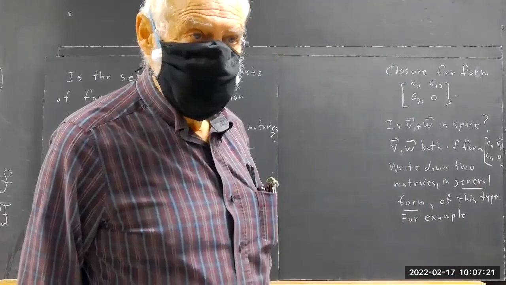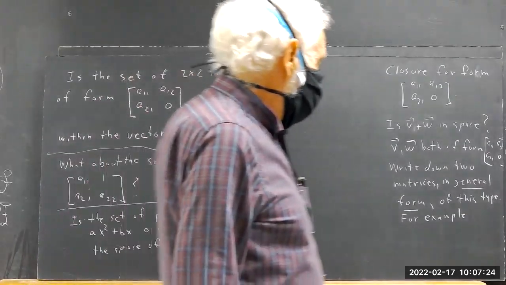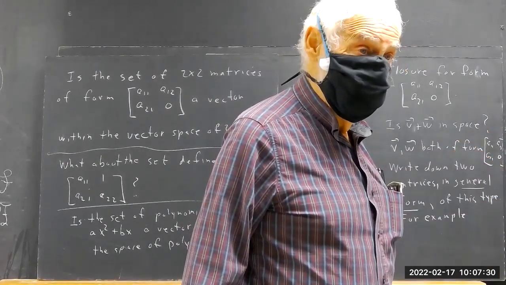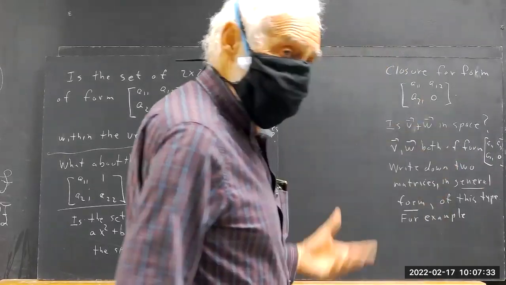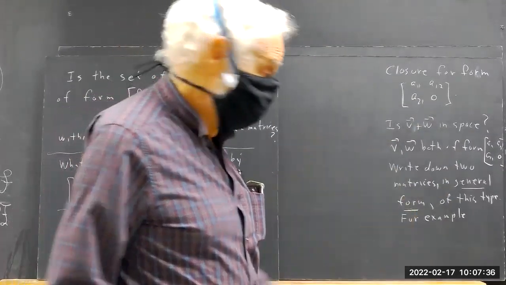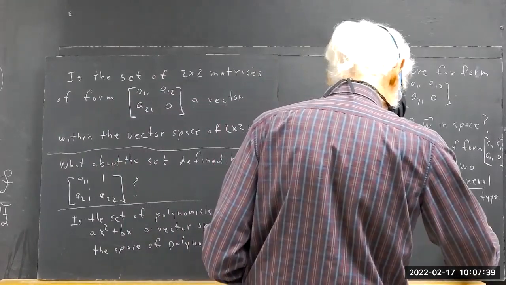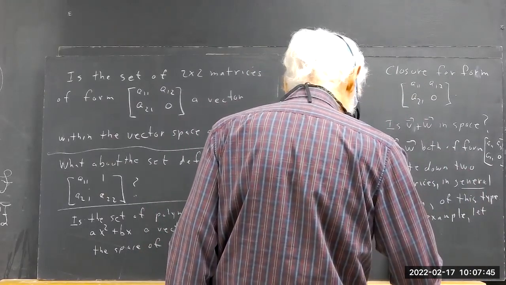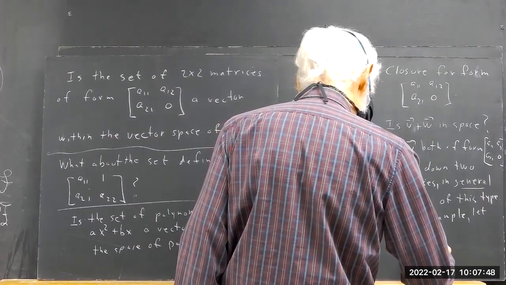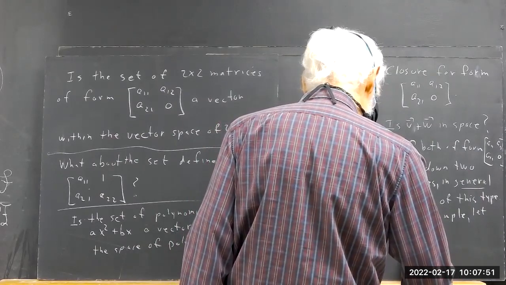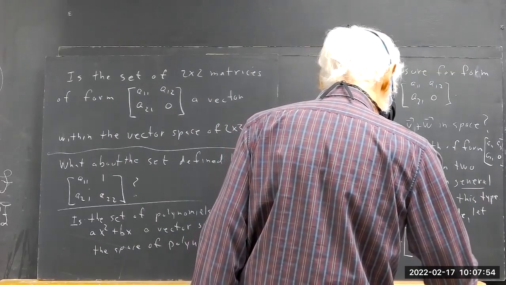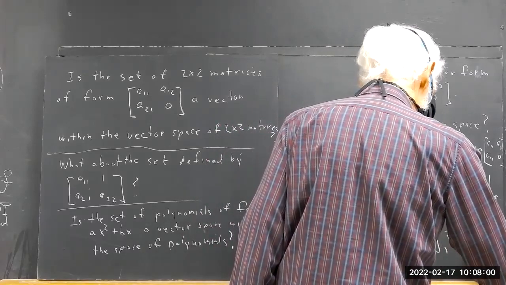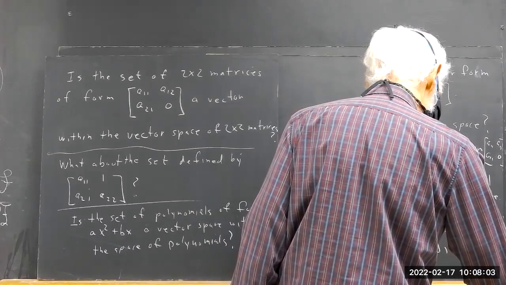For example, you can use any notation you want. You could call one of them A, B, C, 0, and the other D, E, F, 0. But sticking with the subscript notation, which is something you want to get used to, for example, let V equal A11, A12, A21, 0, and W equal D11, D12, D21, 0.